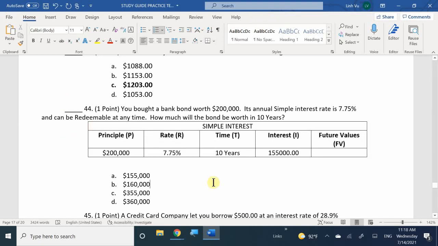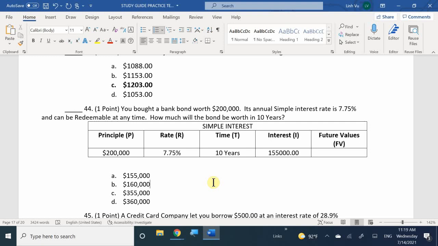How much will the bond be worth in 10 years? That's the question, right? Yes. How much is the bond going to be worth in 10 years?